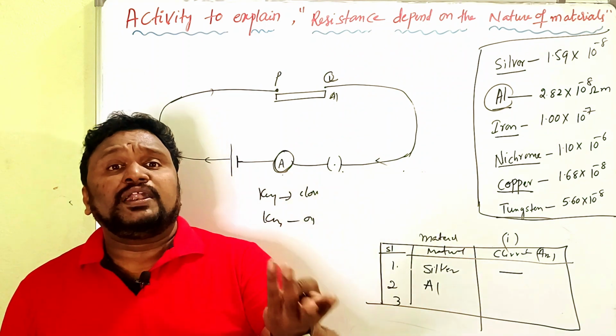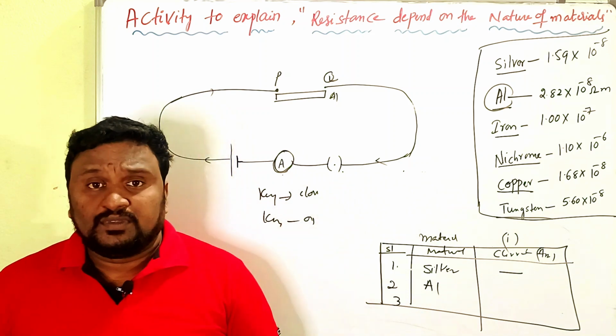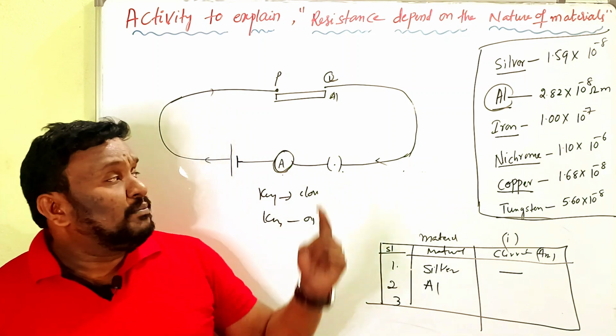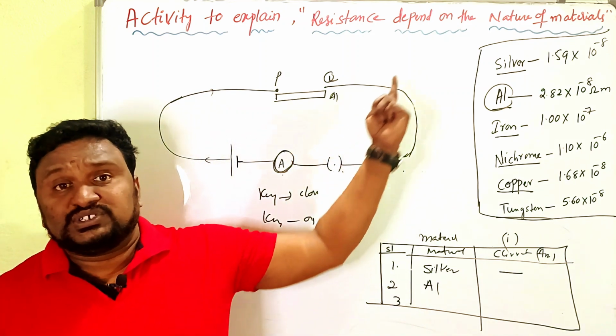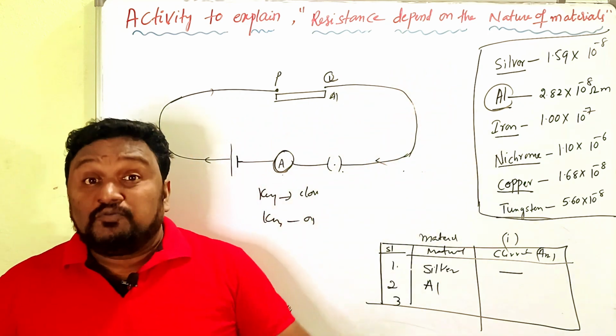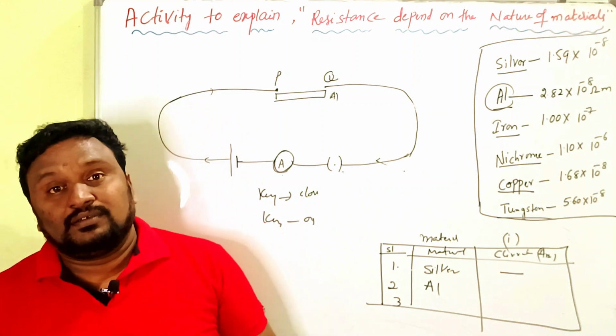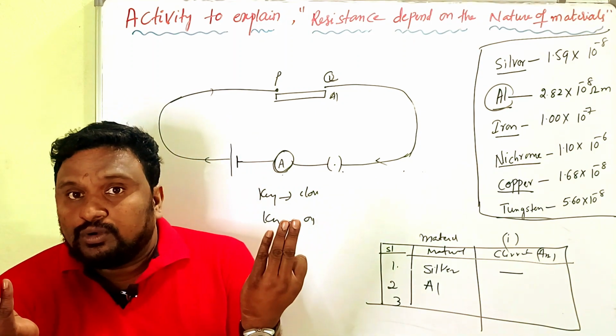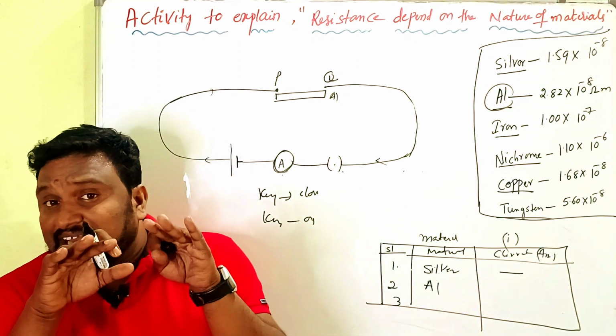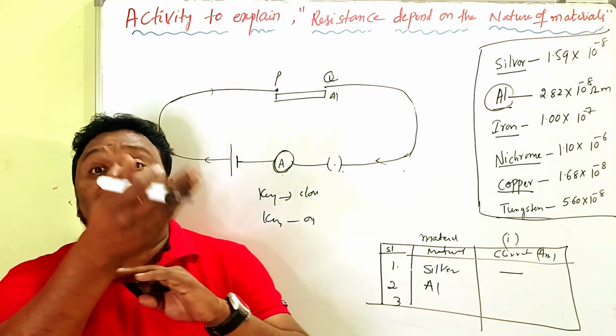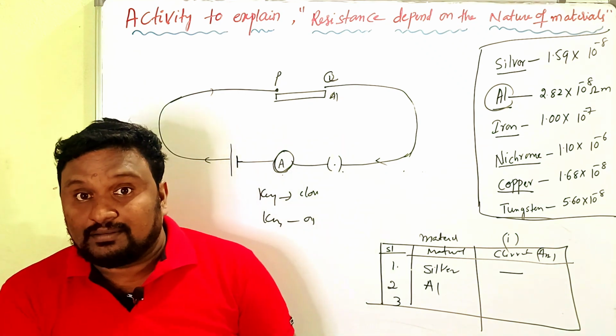Resistance is independent of material, you have to conclude. Clear? While repeating the same procedure using different types of wires, if we get the same current in the ammeter, then we have to conclude that the resistance is independent of the nature of the material.